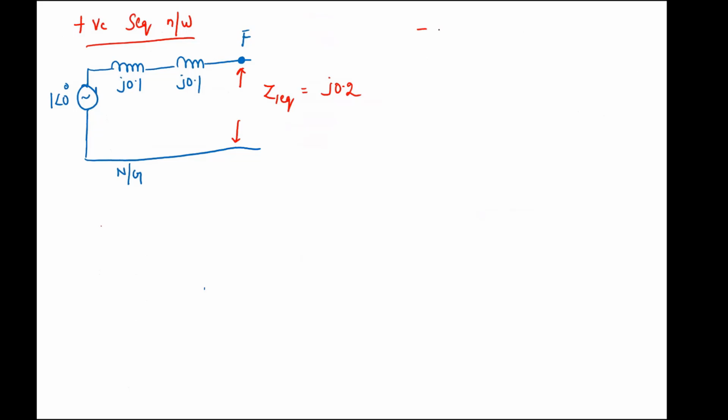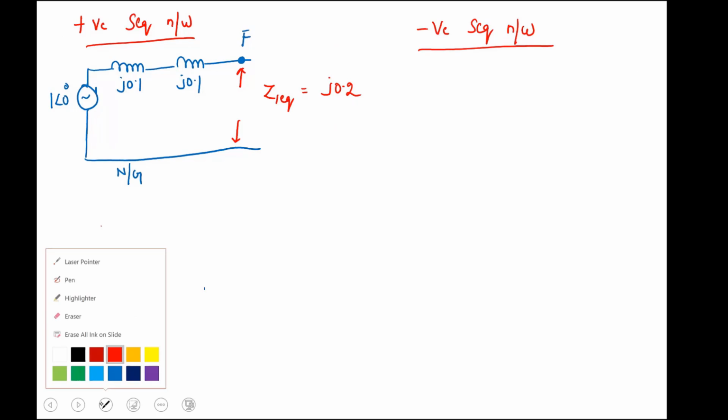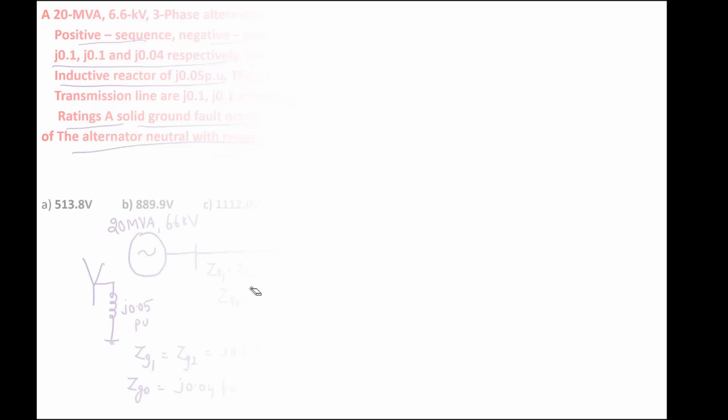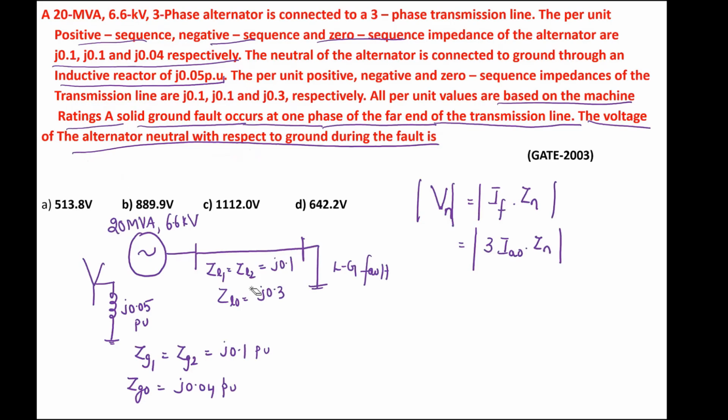Similarly, if you draw the negative sequence network for the same system, it is exactly the same as the positive sequence network, but before that you have to check whether, for a synchronous machine, Zg1 and Zg2 are the same or different. Here they are the same, so you need not worry.